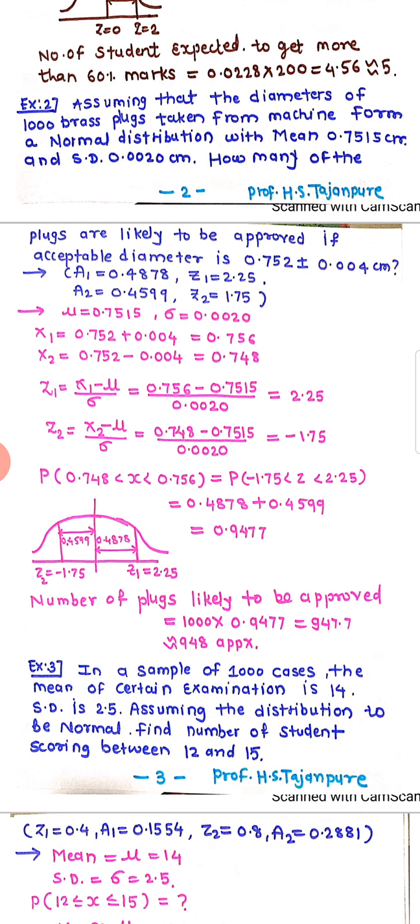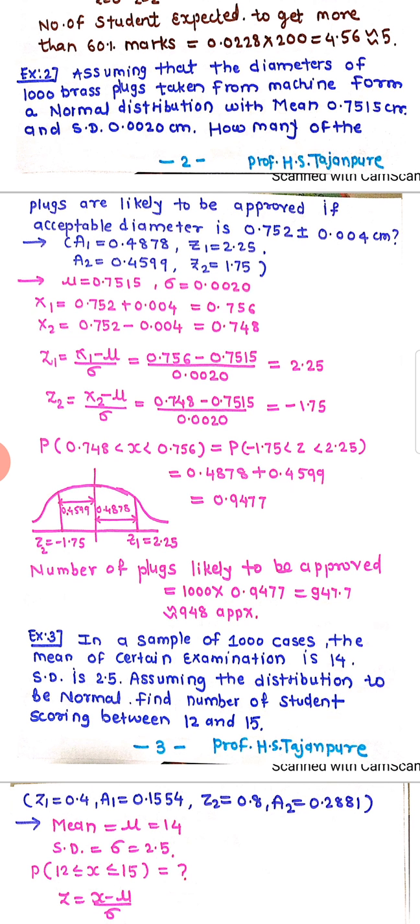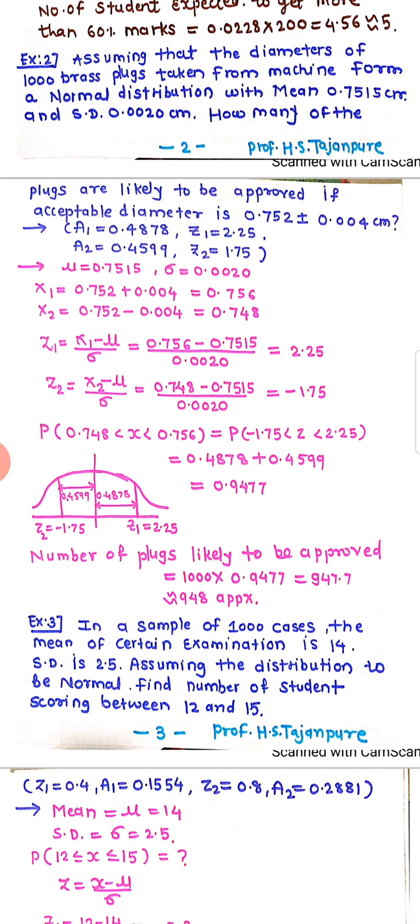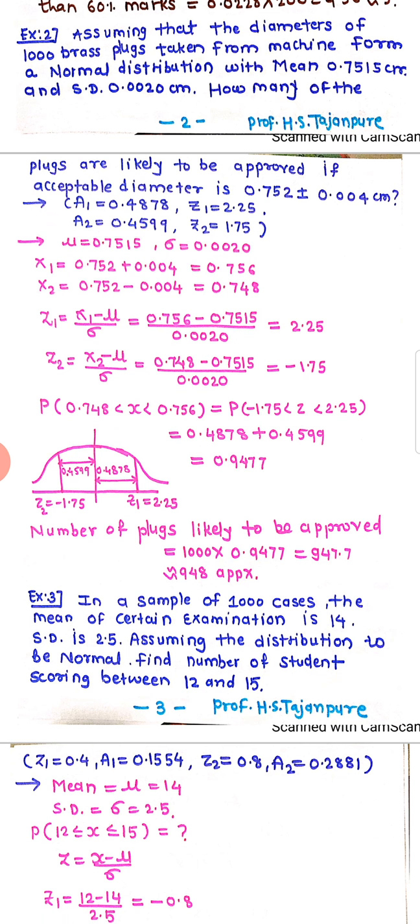First, let us consider x1, which is equal to 0.752 plus 0.004, and it is equal to 0.756, and x2 equals 0.752 minus 0.004, which is equal to 0.748.